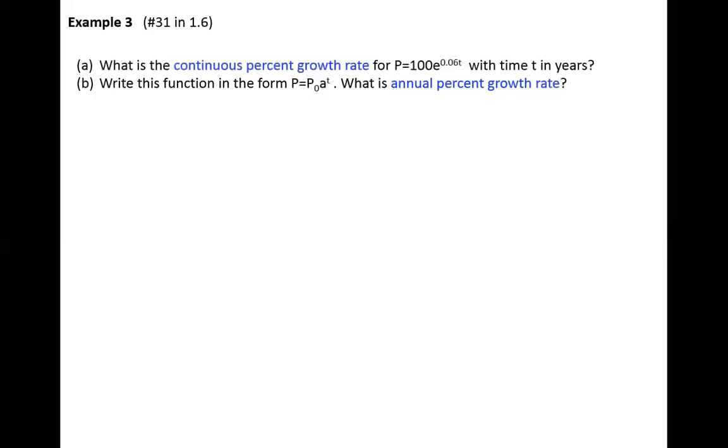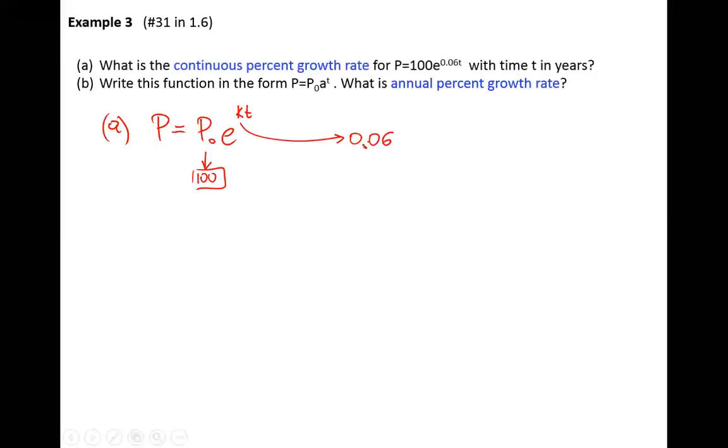What is the continuous percent growth rate for the function P equals 100 times e to the power of 0.06t with time t in years? We recognize right away, I can write the equation, it is kt. We can see P sub 0, the initial amount, is 100, and k is 0.06.